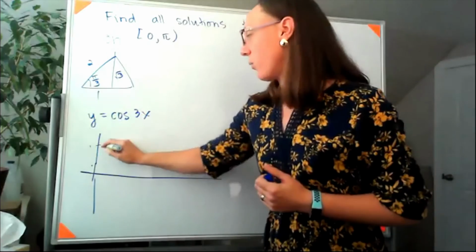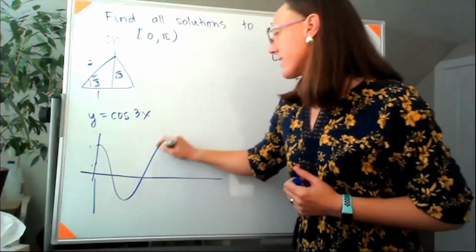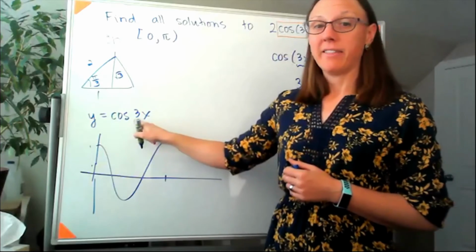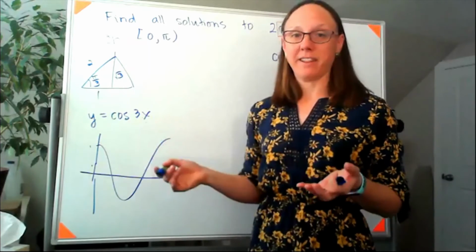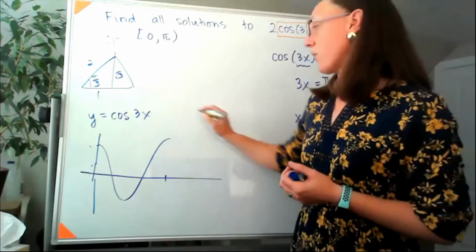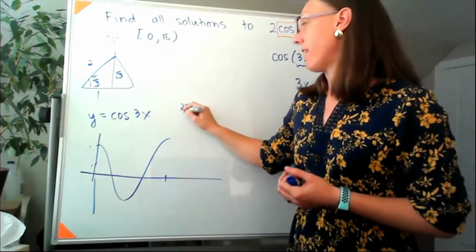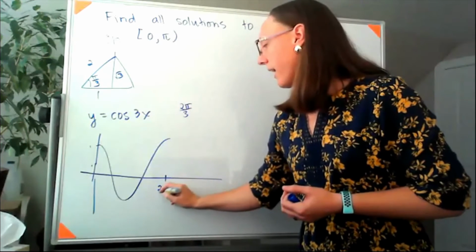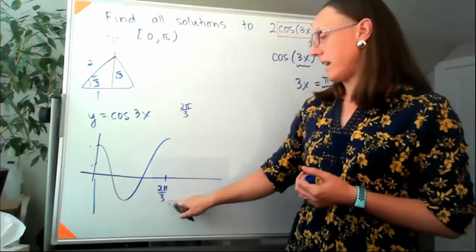Cosine starts up here at 1, and it would complete a cycle normally in 2 pi. However, that 3 in front of the x has modified the period. The period of this function is 2 pi divided by 3. So here I'd be at 2 pi over 3.